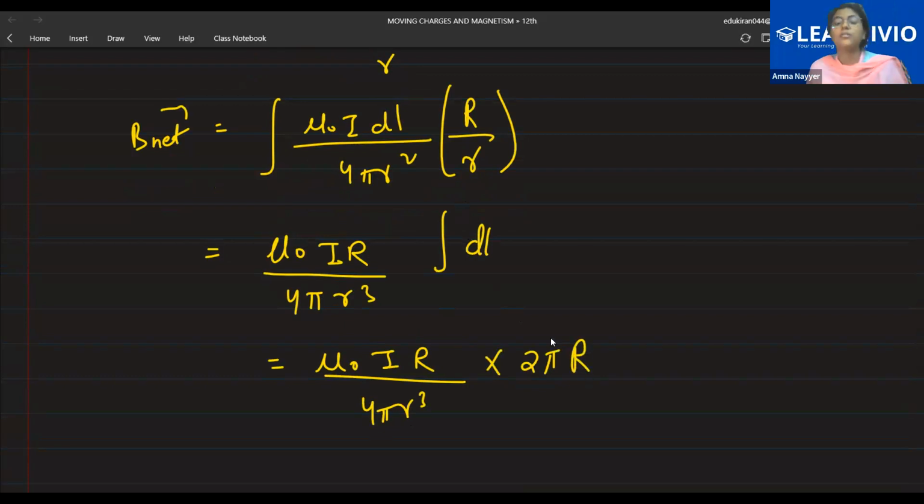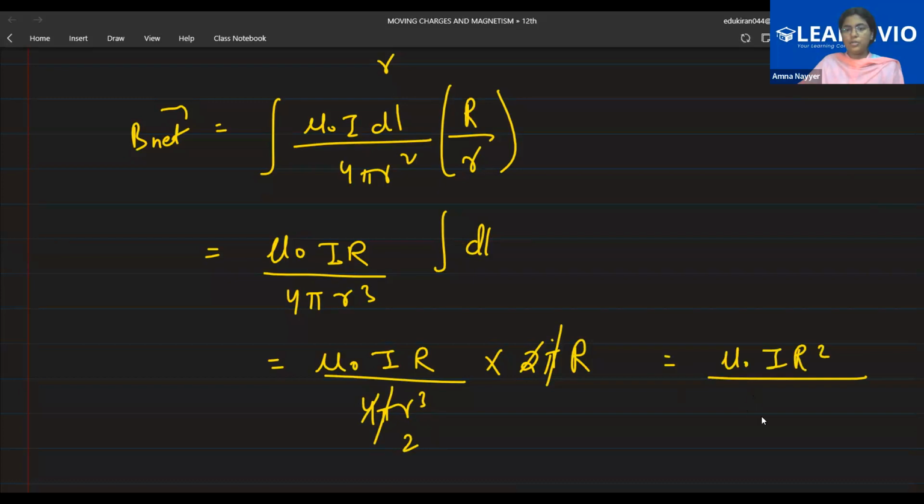Because we are taking the radius of the circle. So pi cancels, 2 and 2. So mu naught I R square by R cube, right? We are left with mu naught I R square by 2 R cube. What was the value of R?